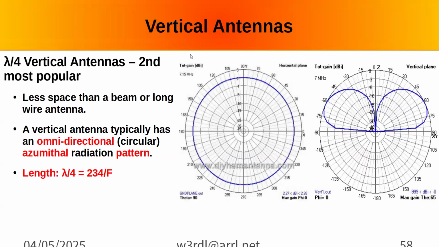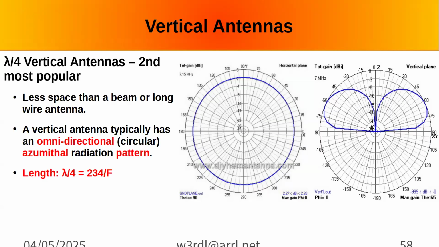Okay, vertical antennas. The second most popular, because almost every other antenna is basically a dipole of some sort. One advantage is it has a very small footprint, except for your radial pattern. But other than the radials on the ground, you don't need much area around it.